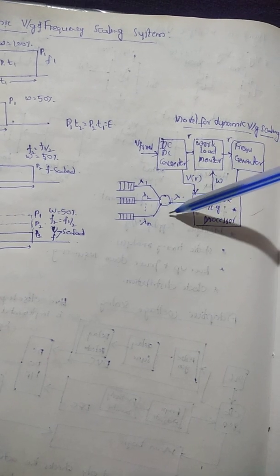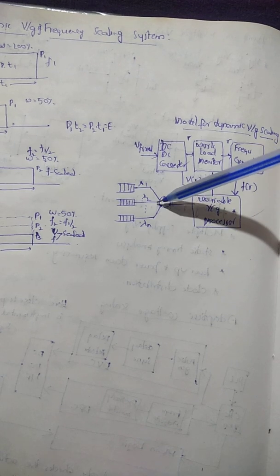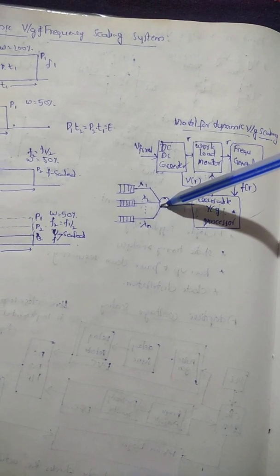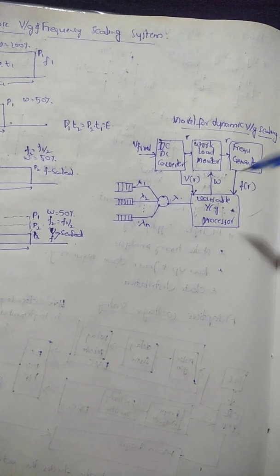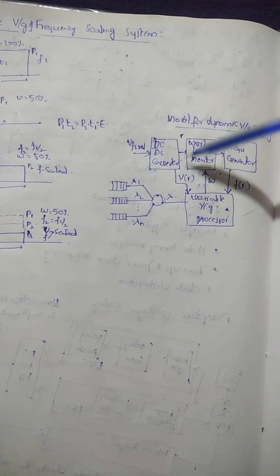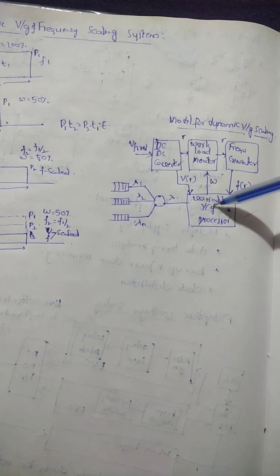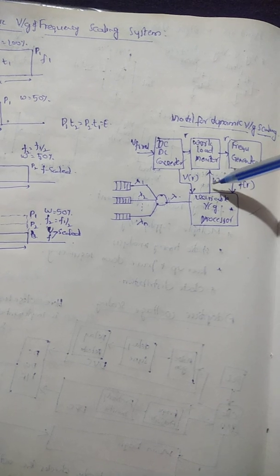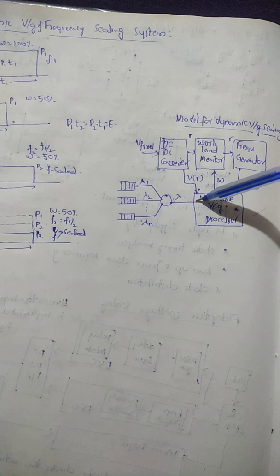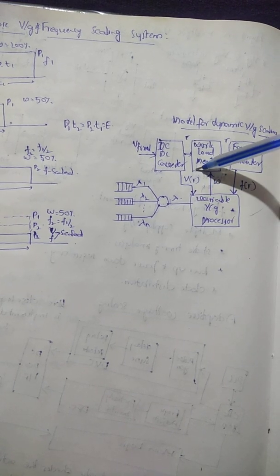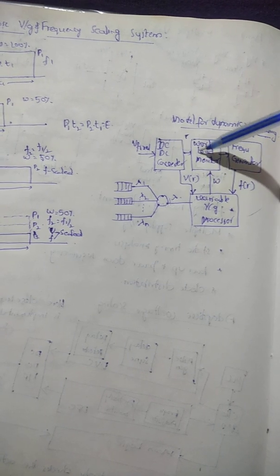Here this is nothing but the task scheduler. This task scheduler sends the data according to the schedule. Here we have the load monitor. The load monitor receives the work present from the task scheduler, and it estimates what work should be done in the next slot also.